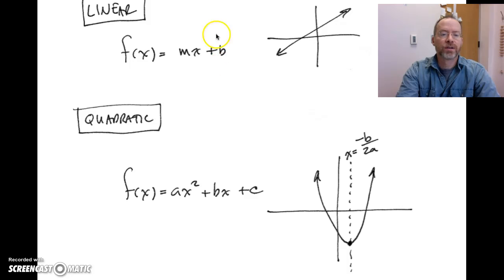A linear function is a first degree polynomial, x to the first power, 2x plus 7. And a quadratic function is a second degree polynomial function, 3x squared plus 7x minus 2. Just fill in a, b, c with real numbers. And these have graphs that are parabolas.